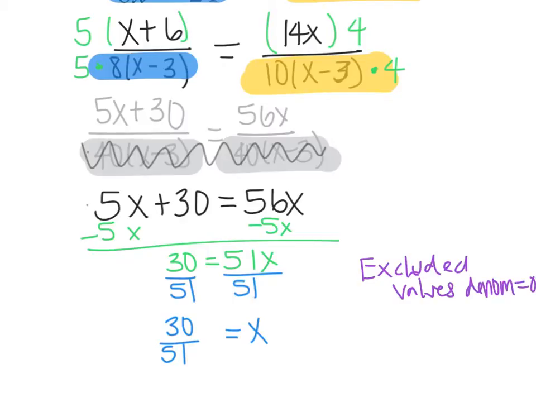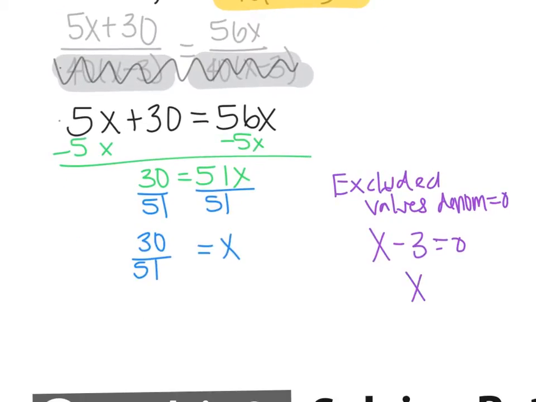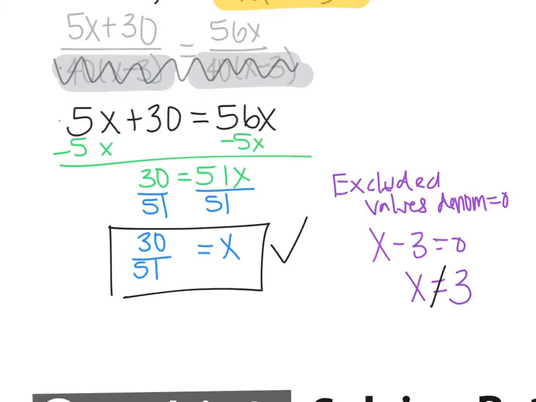So the only factor that I really had in my denominator was x minus 3. So I need to find out what makes x minus 3 equal to 0. And the answer to that question is when x equals 3. So notice that my answer that I came up with was 30 over 51. And the answer that x cannot equal is 3. Since they're not the same number, then I have my solution.